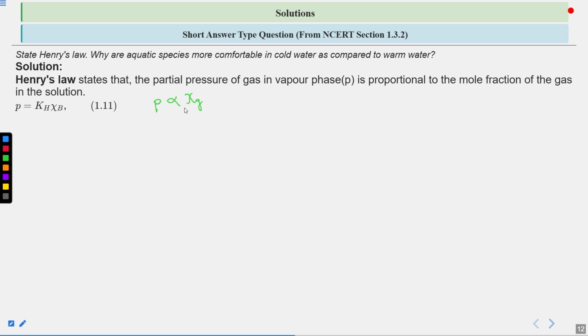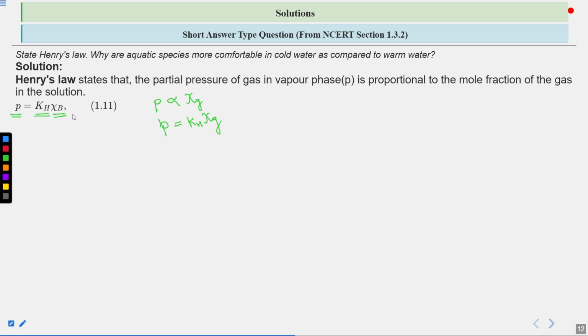Now, when you remove this proportionality sign and put an equal to mark, one constant will come. That constant will be Henry's constant, and the chi of the gas will be the same. So the equation will be P equals kH times chi of B. This equation is marked as 1.11 in our NCERT textbook in the chapter Solutions.